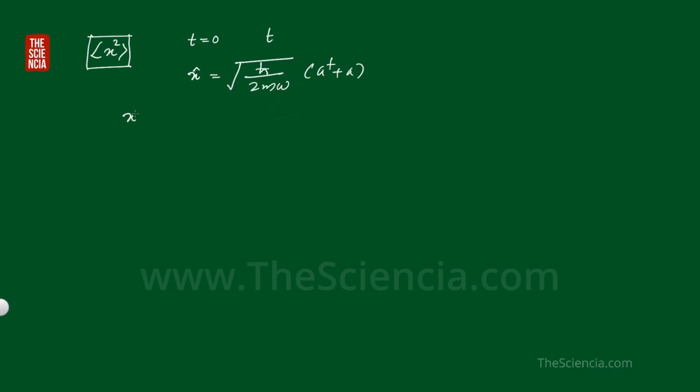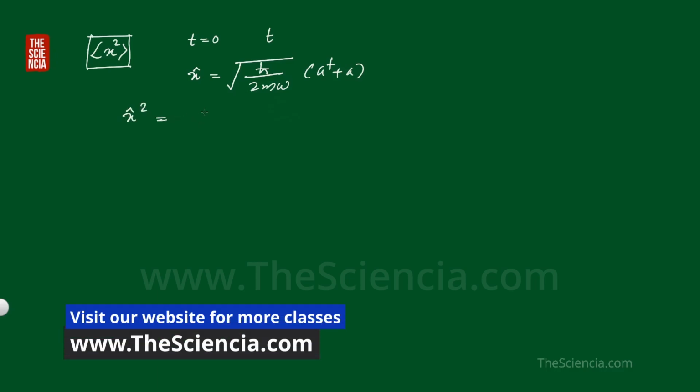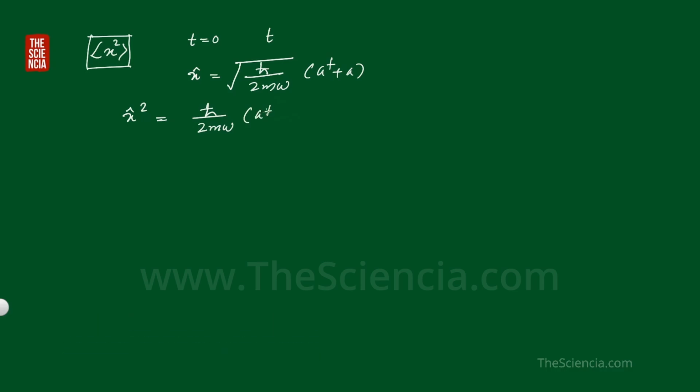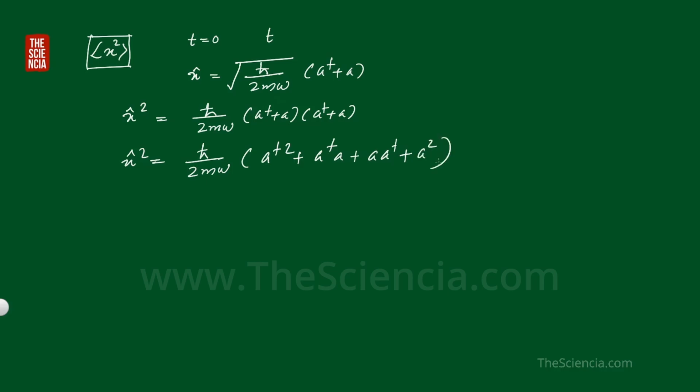So what will be x cap square? That will be equal to h cross by 2m omega into a dagger plus a into a dagger plus a. That is, x cap square is equal to h cross by 2m omega into a dagger square plus a dagger a plus a a dagger plus a square.